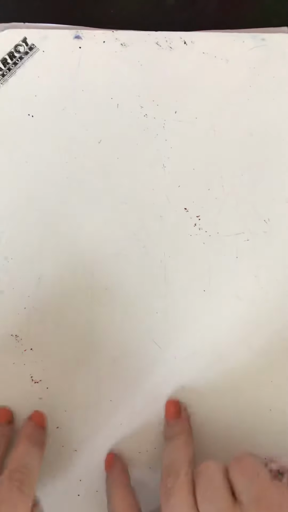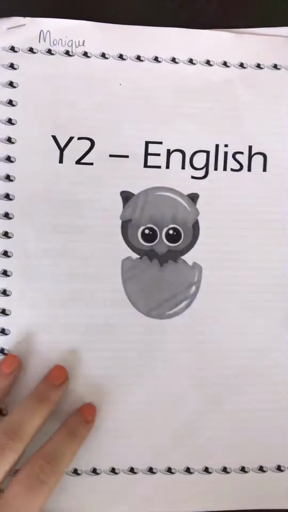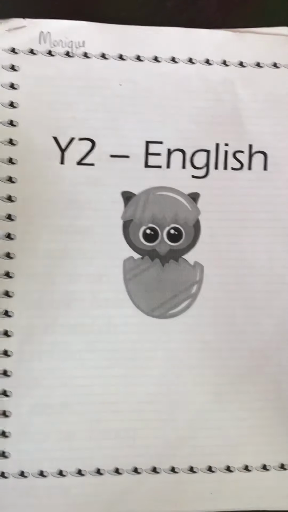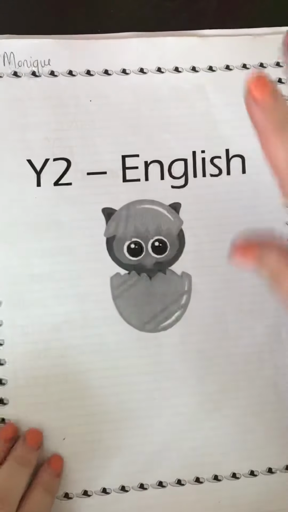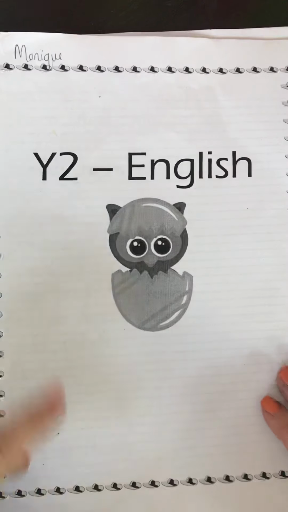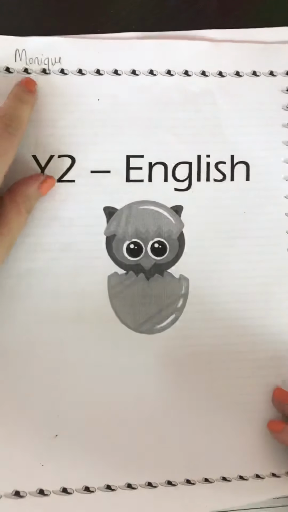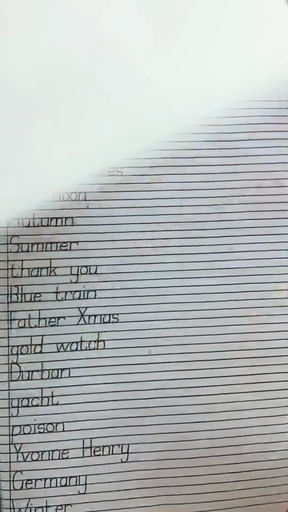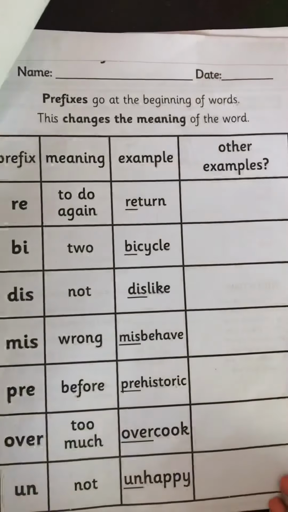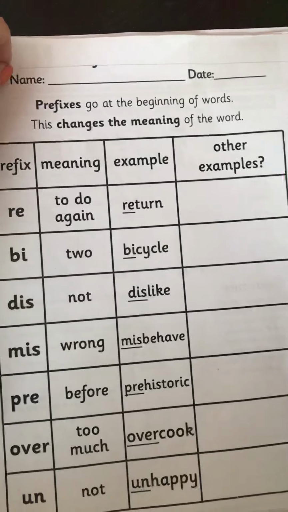So let's take a look at the worksheet that we have planned for you. Have your English book in front of you. I hope your name is on it, and let's page once, twice. There we go. Now, it has space for name and a date.